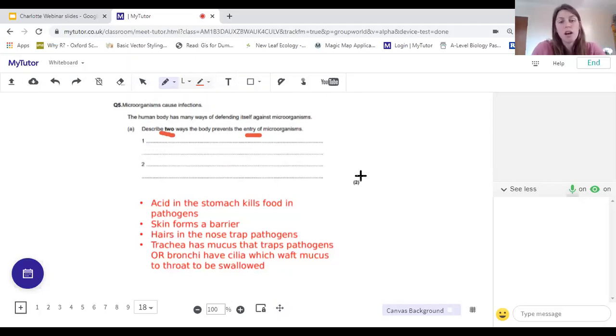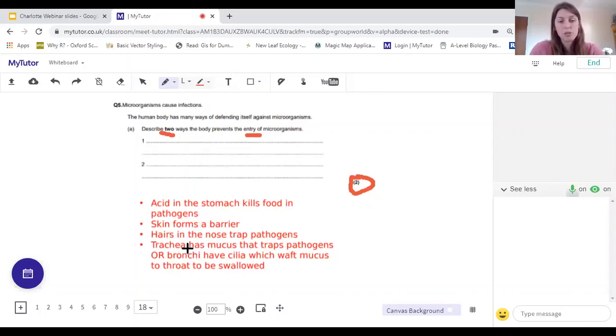So you need 2, but we talked about quite a lot. So you can have acid in the stomach kills pathogens in food, that's supposed to say, not food in pathogens. Skin forms a barrier against pathogens. Hairs in the nose help to trap pathogens.